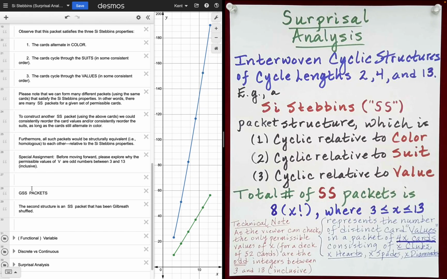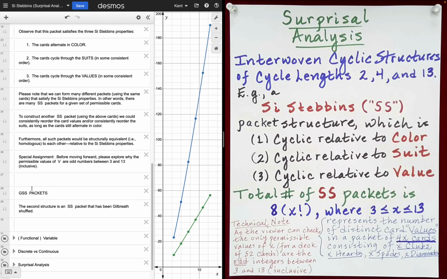To construct another SS packet using the above cards, we could consistently reorder the card values and/or consistently reorder the suits, as long as the cards still alternate in color. Furthermore, all such packets would be structurally equivalent to each other relative to the Si Stebbins properties.